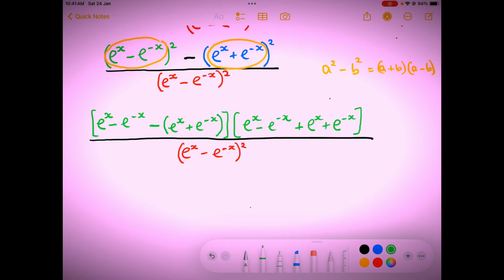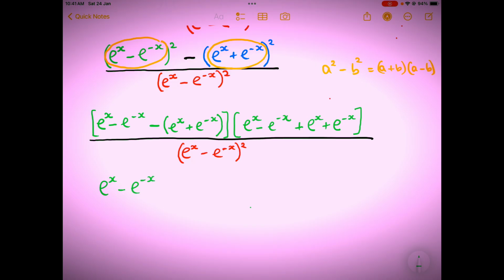Now my focus will be on the numerator part. So I have e^x minus e^(-x) in the bracket. Now this negative sign you see here is going to change this plus sign. So it will change the plus sign here to negative, right?